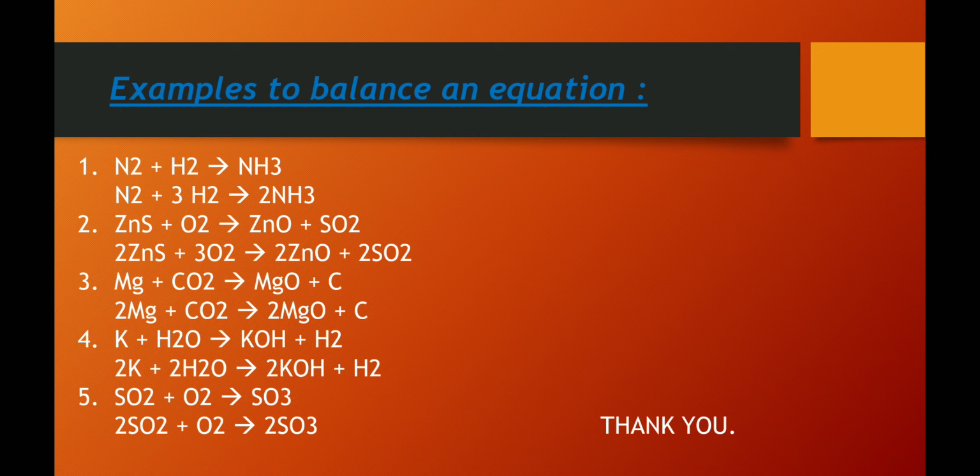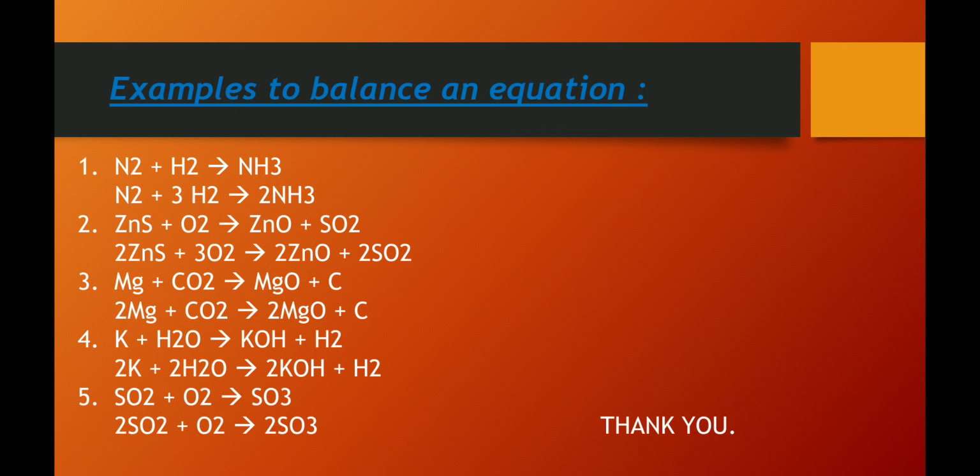So in order to make the balanced equation, the number of atoms of each element on both sides must be equal. So we have to place the digits in front of the element, not in the middle. On balancing, N2 plus 3H2 now gives 2NH3.